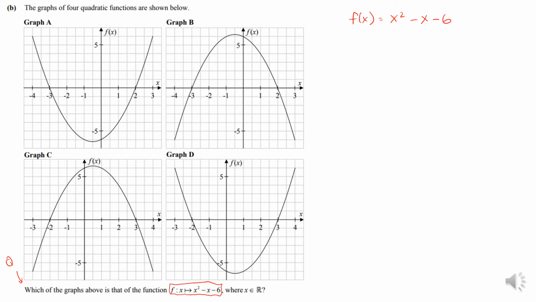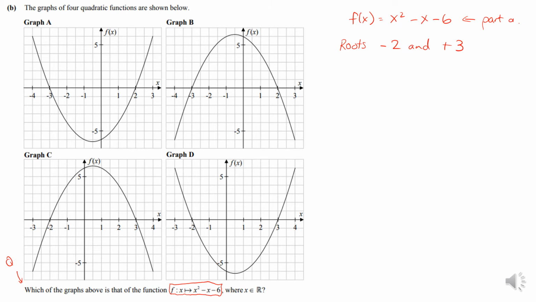Okay, so hopefully you'll recognize this from part A, when we solved when was that quadratic equal to 0, and we found out that we got roots of minus 2 and plus 3, so perhaps we can use that information here. So we're going to look for graphs that have roots of minus 2 and plus 3.